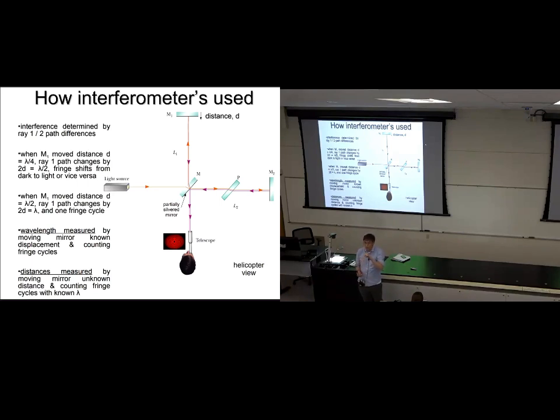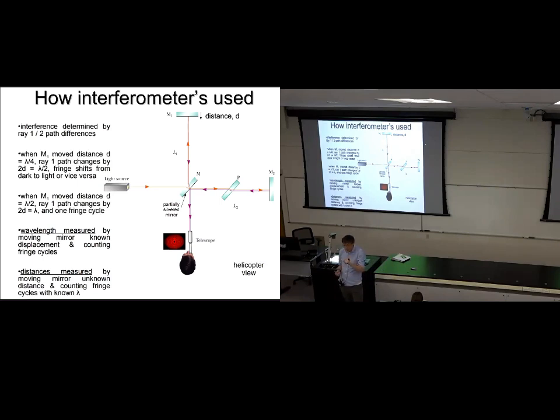You would count those shifts or cycles. If you know the wavelength of the light that you're using, then you can use that information, the number of fringe shifts or fringe cycles, and the movement of the mirror along the cell, you can calculate the length of the cell, knowing the wavelength of the light. So that's how you measure a very small distance.